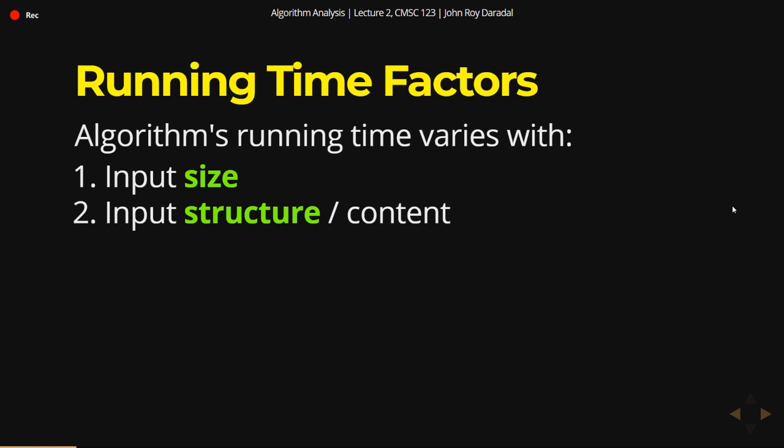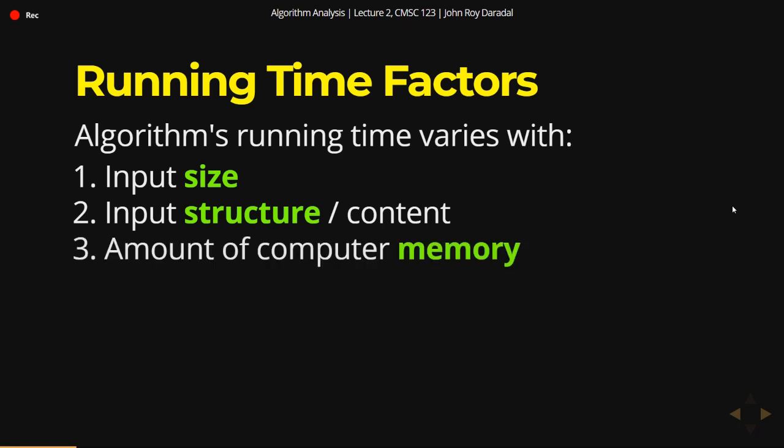For example, if you are to sort some items, input data that's already close to being sorted will run fast, whereas a randomized data set will take a longer time to sort. Okay, so input structure also matters.